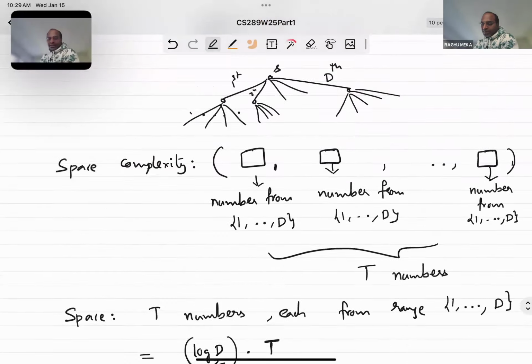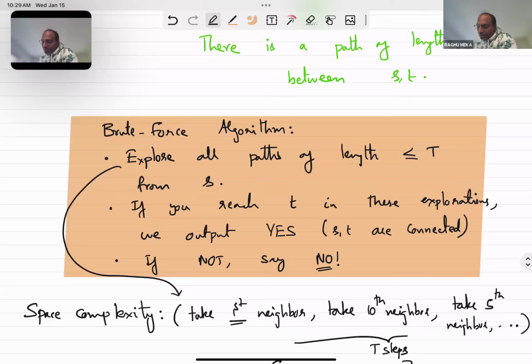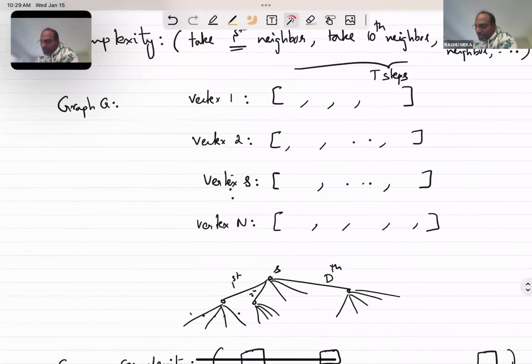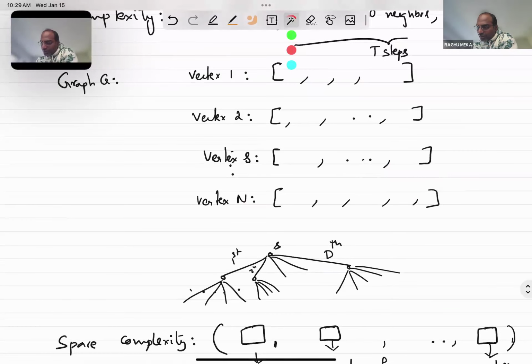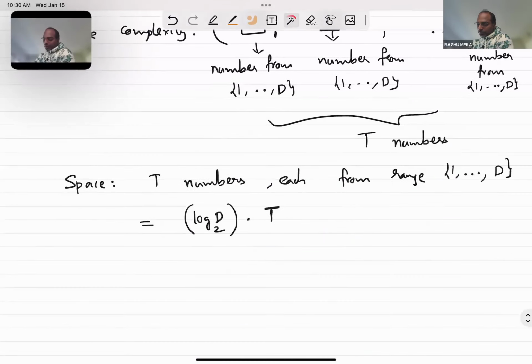And we need to store where we are. In this exploration, you don't have to remember the entire path, but you need to remember exactly where you are so that you can pick, okay, if I say 17th neighbor, you know whose 17th neighbor you are looking at. So this is for the enumeration path.